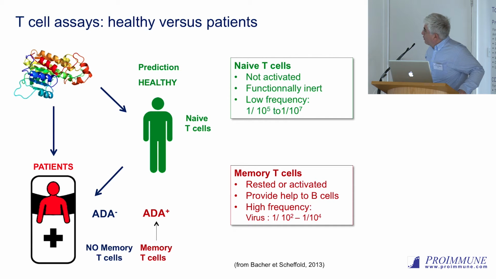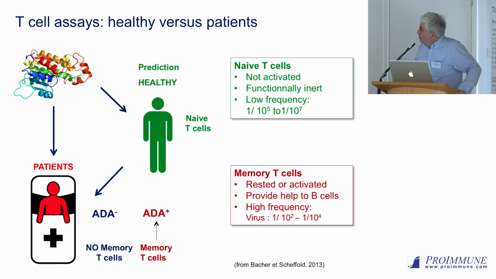But the key point is that there is a really different frequency in the blood. We can find that the naive cells are around 10 to the minus 5 or 10 to the minus 7. And the memory T cells, especially for very highly immunogenic viruses, for instance, could be at very high frequency. So you see, there is a gap, especially because of the frequency.